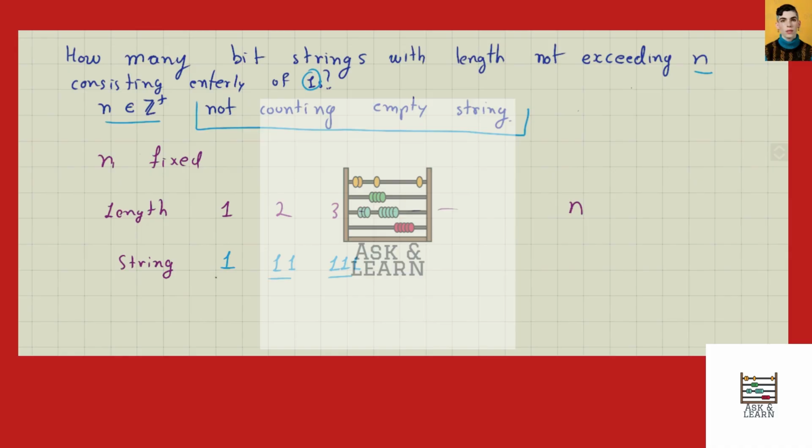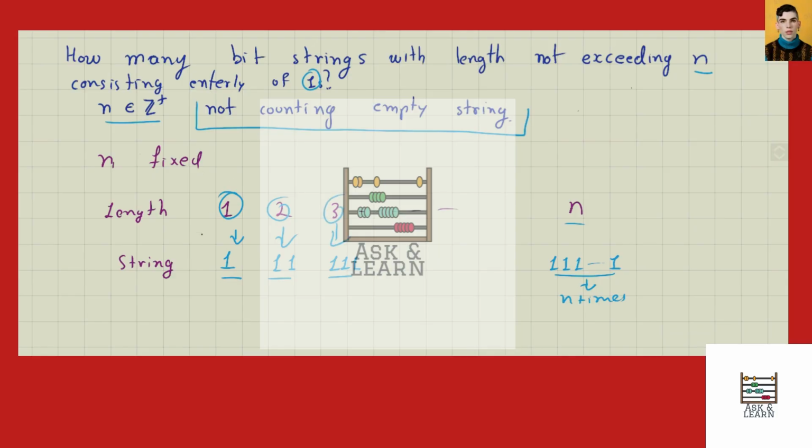So there is only one choice for each of the possible lengths between 1 and n. And for length n we have 1 1 1 1, n times. So for each of these lengths we have one bit string, and we need to count how many bit strings there are.